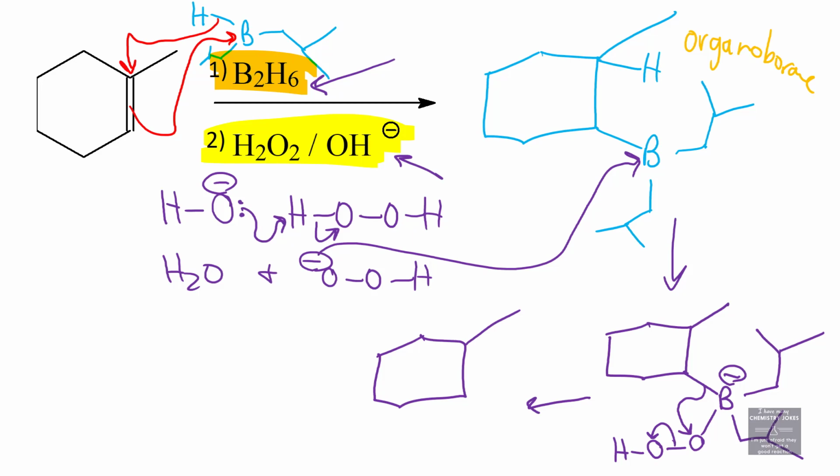So I migrate my bond from carbon to oxygen. I let go of a hydroxide, and my oxygen is still connected to the boron thing with the spider legs over there. Okay, we satisfied boron by taking away one of his bonds, taking away his negative charge.